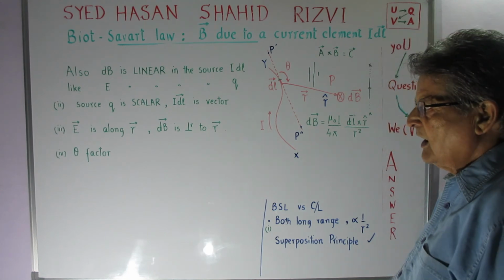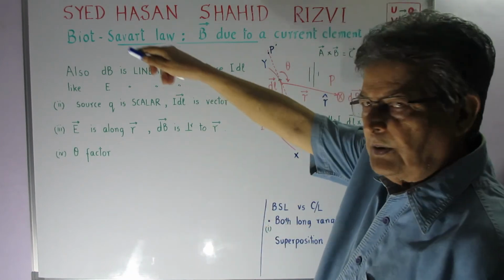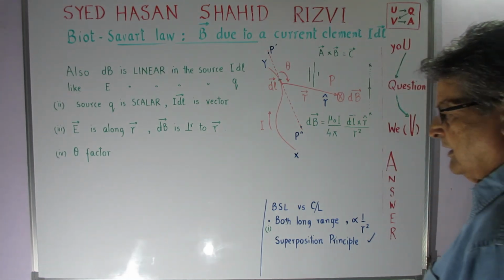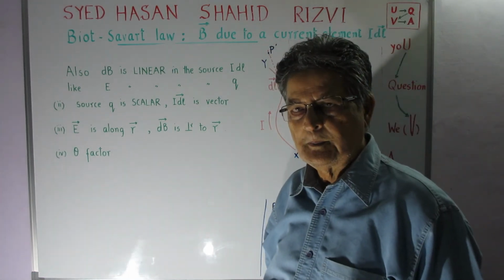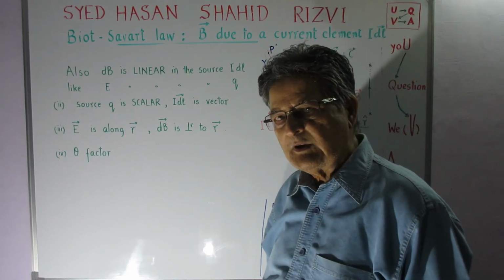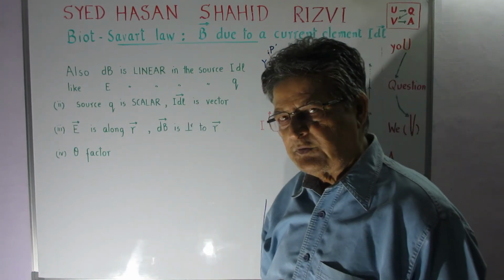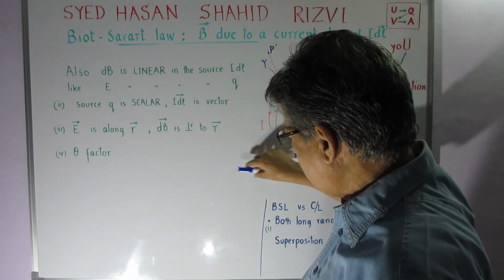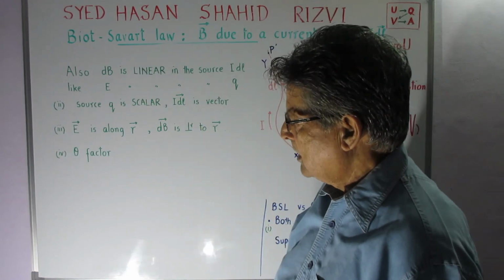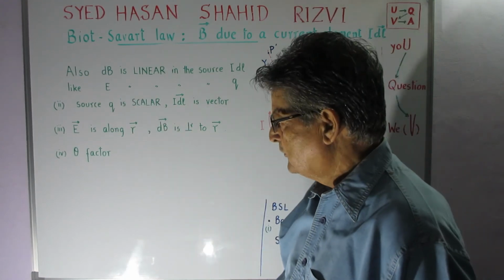If I have a current in a circular loop, and I go along the axis of that loop, we would like to find out the value of the magnetic field at a distance x from the center of this circle in which a current is flowing.